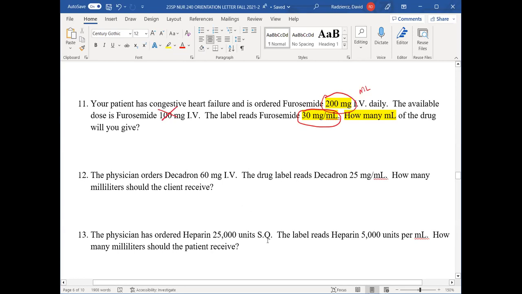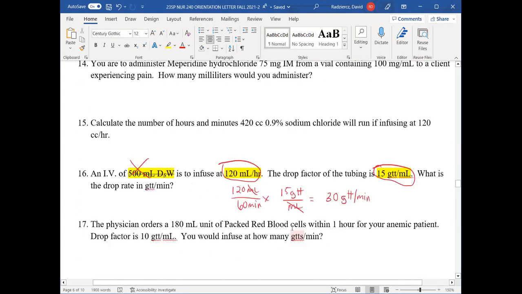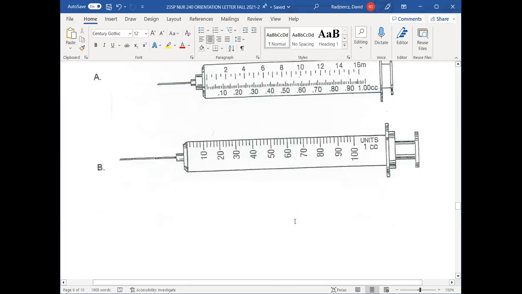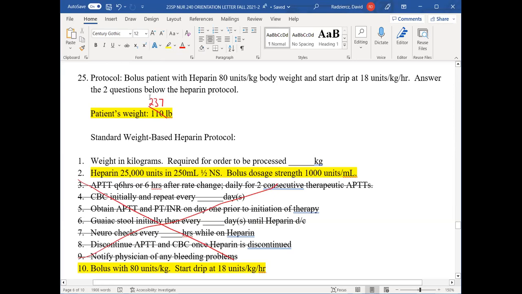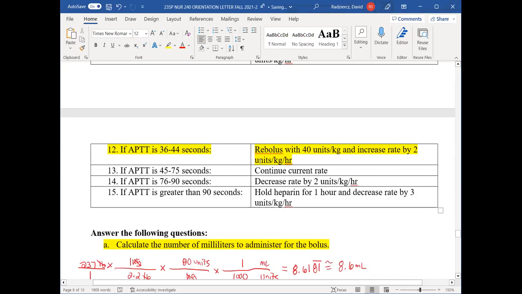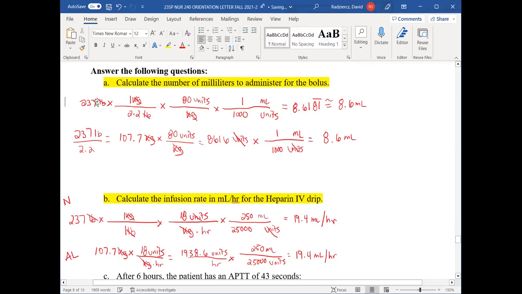Okay. Yeah, so heparin protocol, absolutely. You should remember doing this from last semester. Let me clear out a few things and we can do this fresh. I'll show it to you both ways.